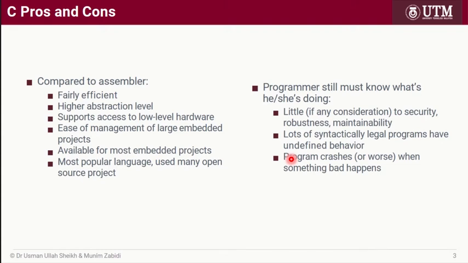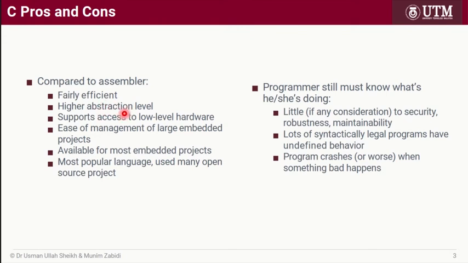For C, you still need to know it, but sometimes the hardware architecture is handled by the compiler. And it has a higher abstraction level, as C is a high level programming language compared to assembly.